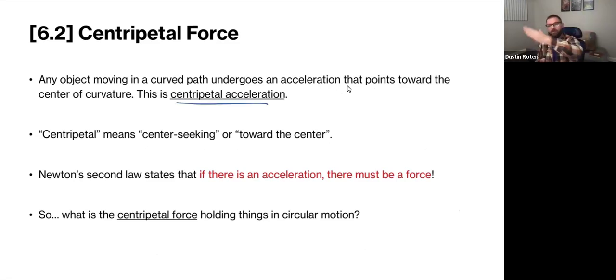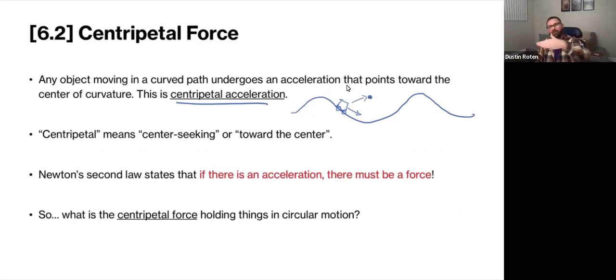So even if you're driving in your car, maybe you go over a hill and you hit a valley. Even in your car, here's the center.